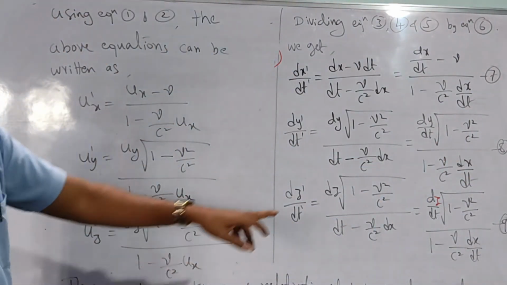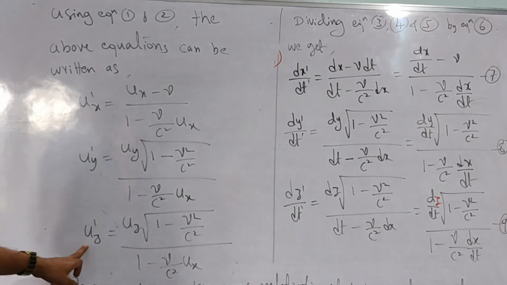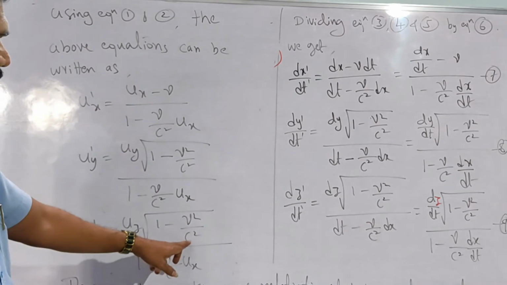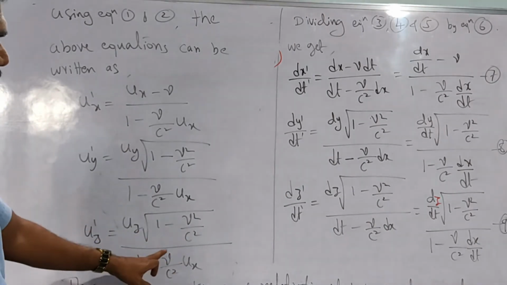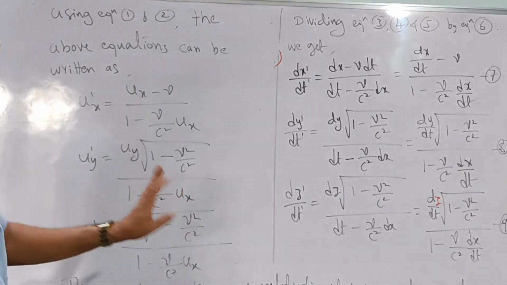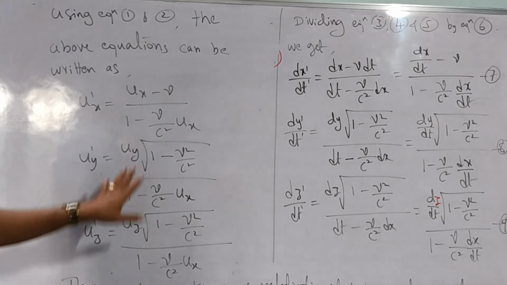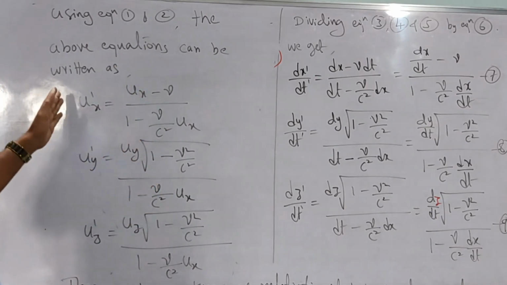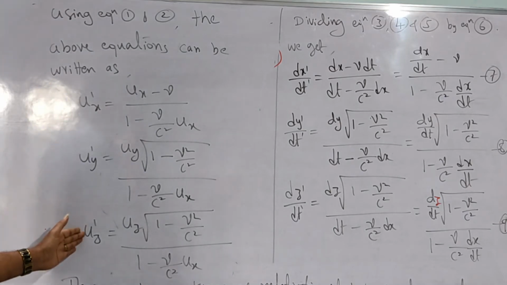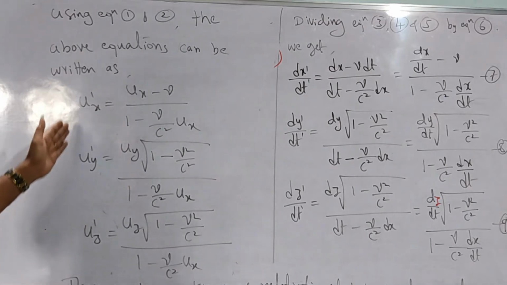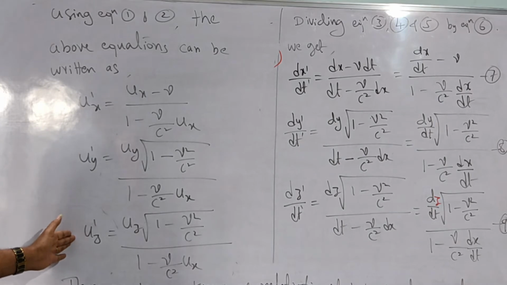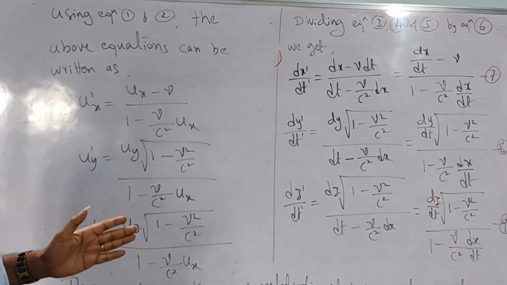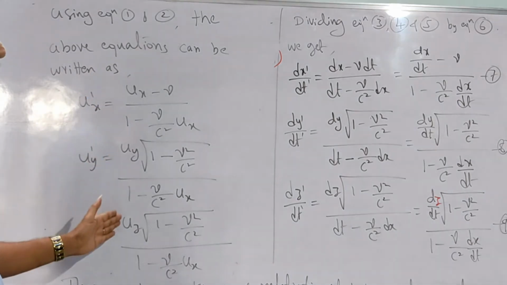Similarly, from equation 9 we can write uz dash is equal to uz into square root of 1 minus v square by c square divided by 1 minus v by c square into again ux. So these are the simplified equations of the velocity of a particle with respect to the moving frame of reference S dash, that is ux dash, uy dash and uz dash, related to the velocity of the same particle with respect to the fixed frame of reference, that is ux, uy and uz.